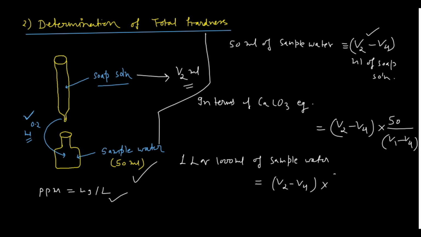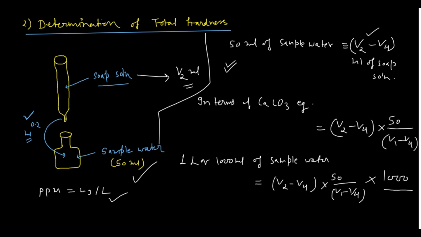And this 50 divided by V1 minus V4 came from the standardization of the soap solution, and we need to multiply this value with 1000 ml, and you have calculated for 50 ml.